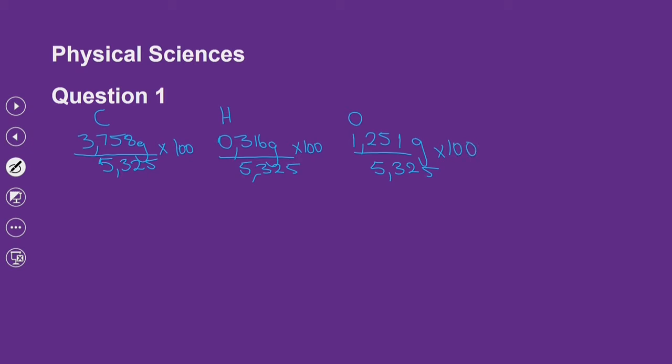So now we're going to get our percentages, and we'll see that carbon is 70,573. Hydrogen is 5,934.